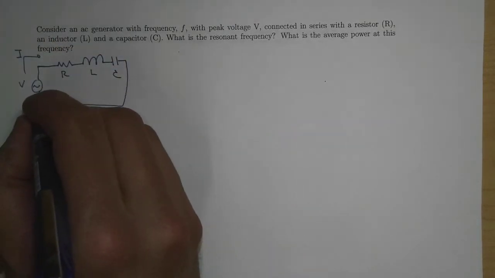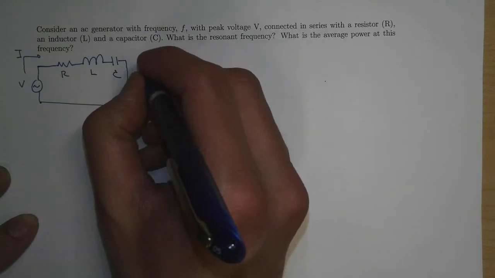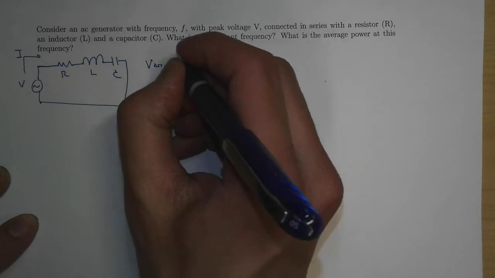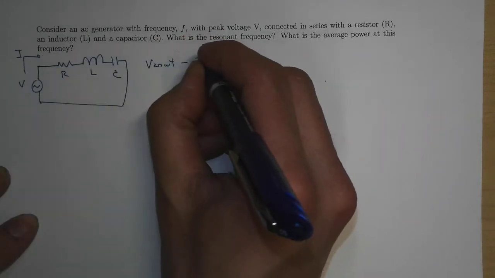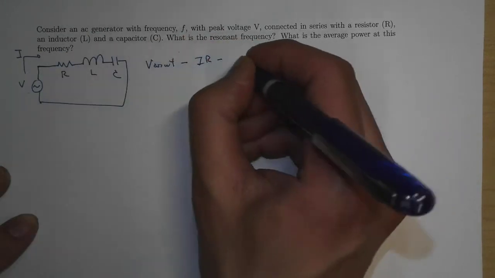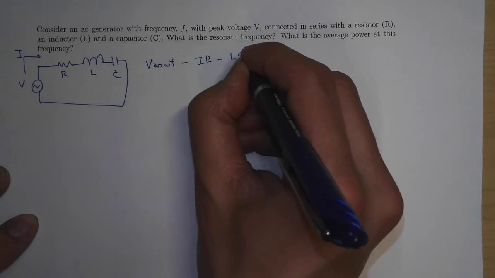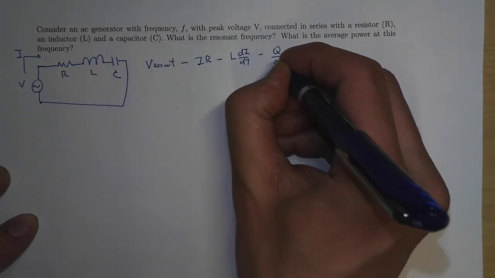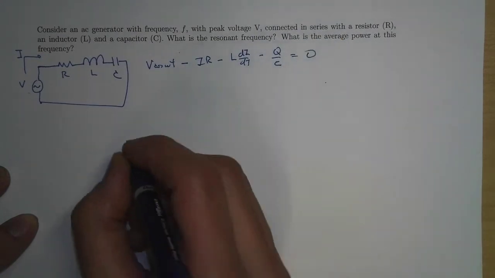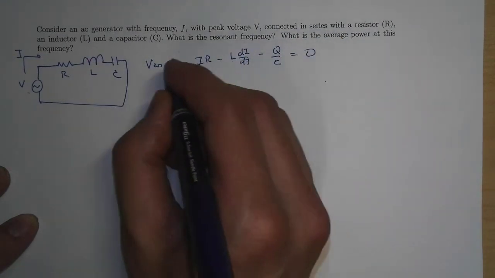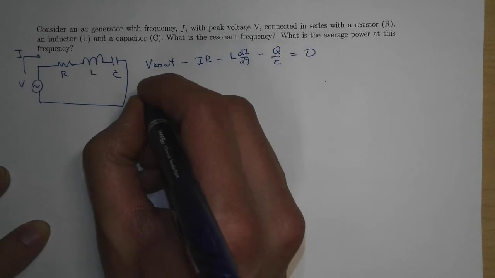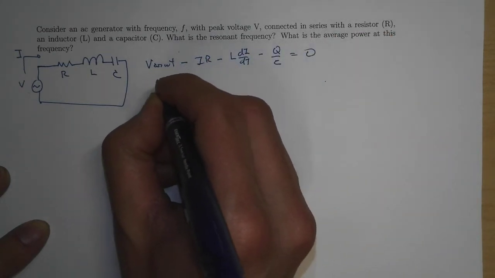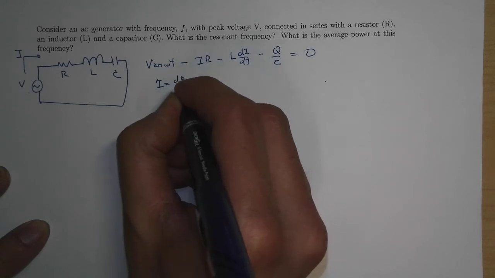And I'm going to use Kirchhoff's law to get this. So it's going to be V cosine of omega t minus IR minus L di/dt minus Q over C is equal to 0. So I'm going to move all these things aside, leave this isolated, and note that I is equal to dq/dt.